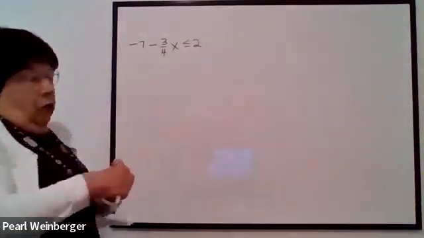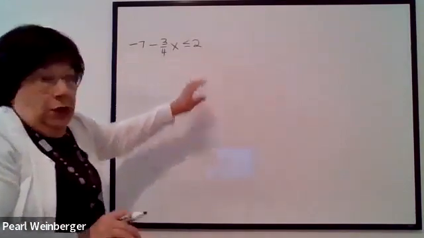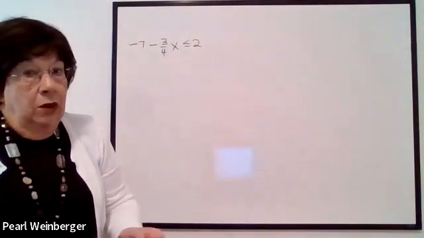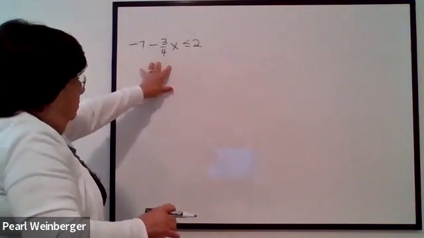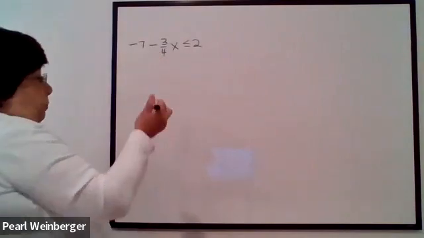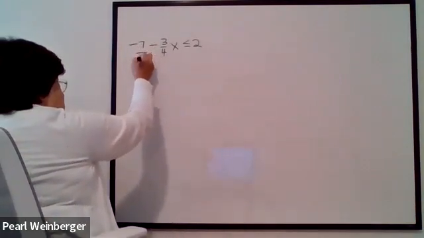Okay. We want to solve this inequality, and remember, the way we solve inequalities is the same way we solve equations. So let's remember what I said about equations that have fractions. Put everything that's not a fraction over 1.